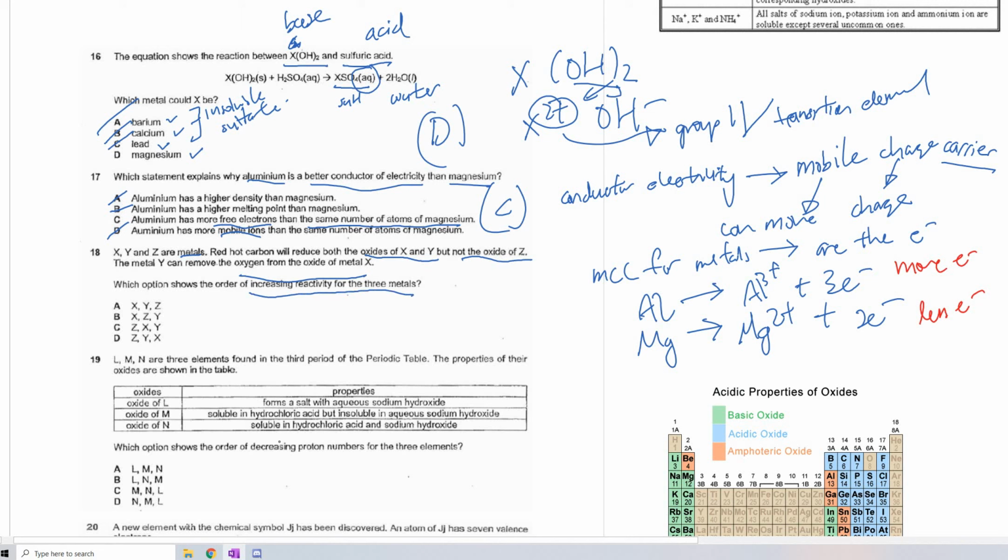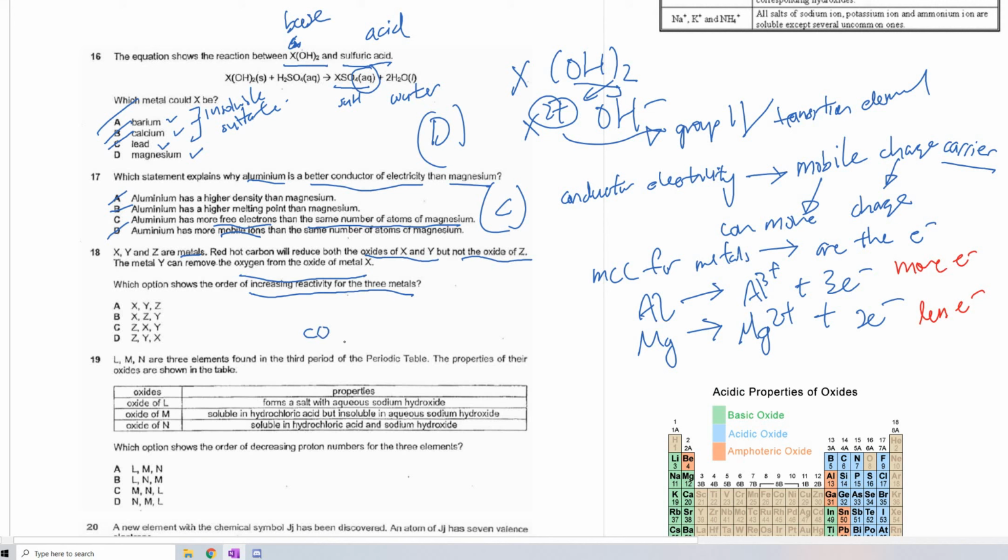Alright, so let's take a look at the question again. We have carbon. Carbon would reduce the oxides of X and Y. This means carbon reacts preferentially with oxygen over X and Y to form carbon oxide.